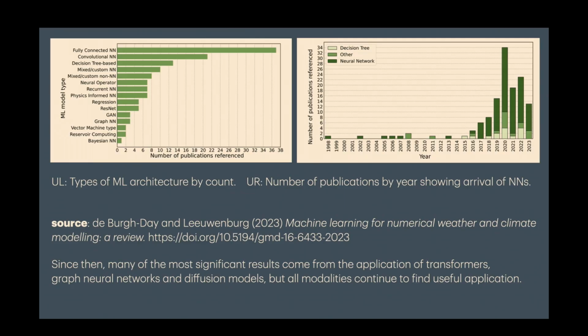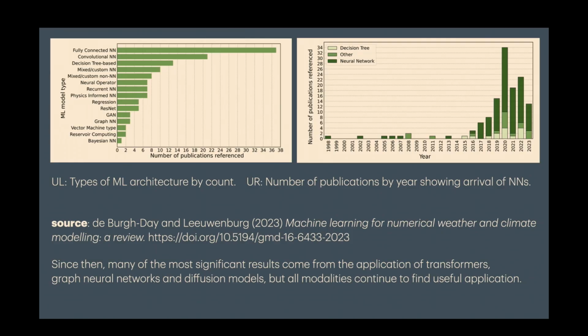And since 2023, there's just been an absolute explosion in the amount of research findings in this particular field, and it would probably no longer be reasonable to try to produce these diagrams now. But a few things from this still very much apply. Firstly, fully connected neural networks, as opposed to more advanced architectures, are still very much relevant in the field, particularly for very specific process problems. And also we are talking about things that don't just include neural networks.